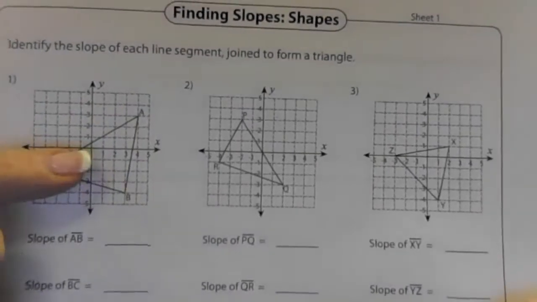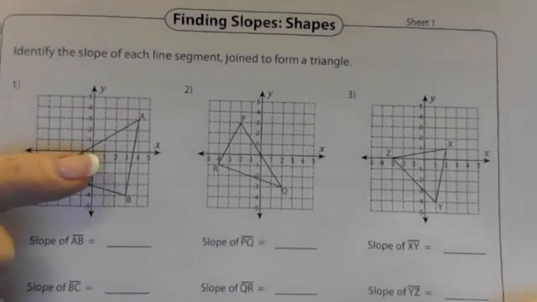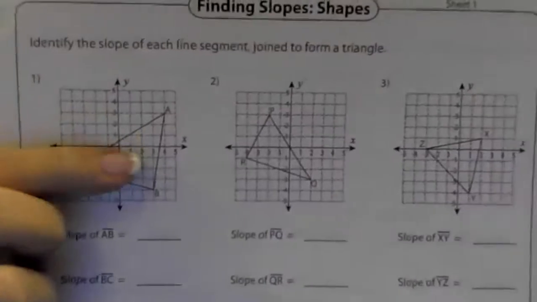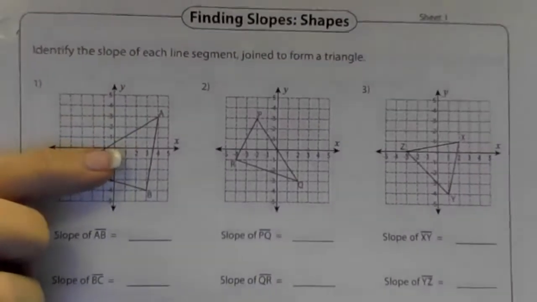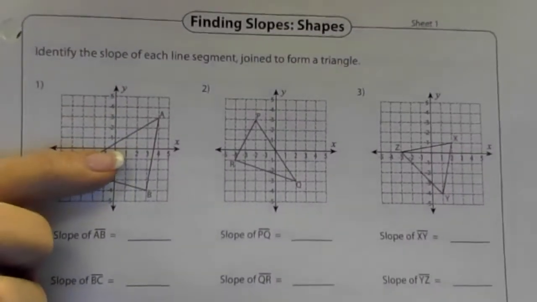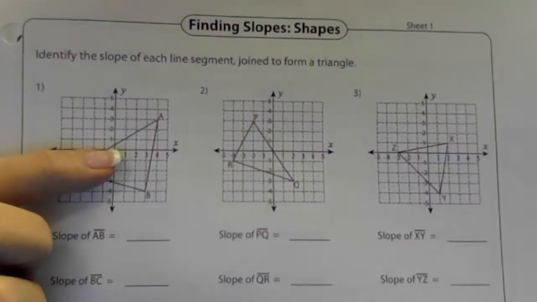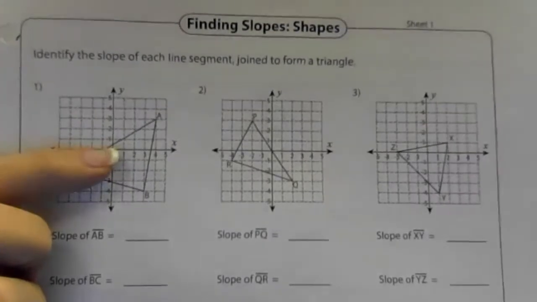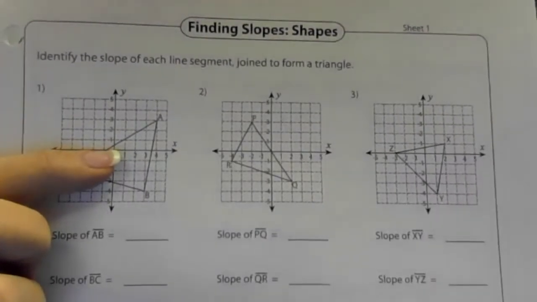If we look here, the coordinates of A, we're on page 6. Look at number 1. We need the coordinates of A. When we're finding just coordinates or addresses of a point, we always start at the origin, which is 0, 0.